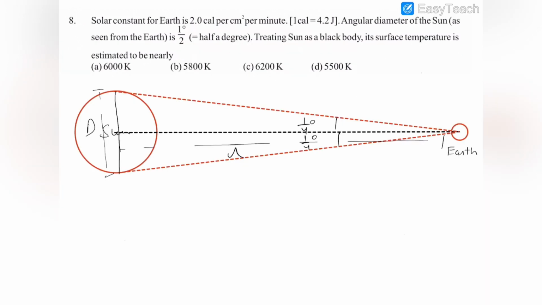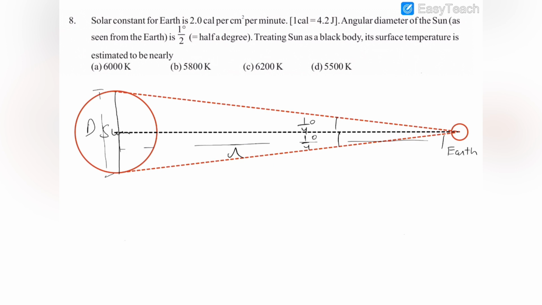In this question, you can see that the solar constant for Earth is this one, 2 calorie per centimeter square per minute, and the angular diameter of the sun is half degree on the Earth. So we have to treat the sun as an ideal black body, and we have to estimate the temperature of the sun.